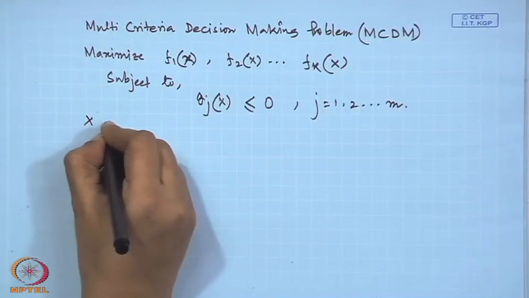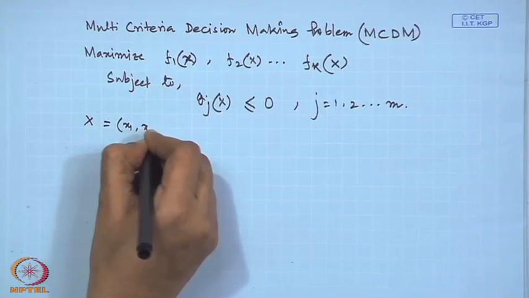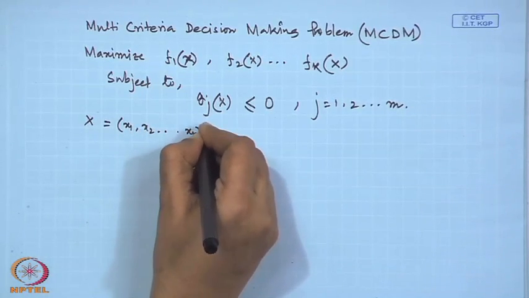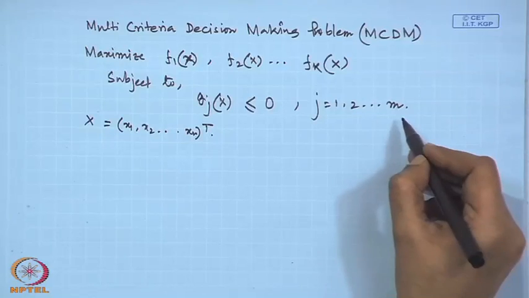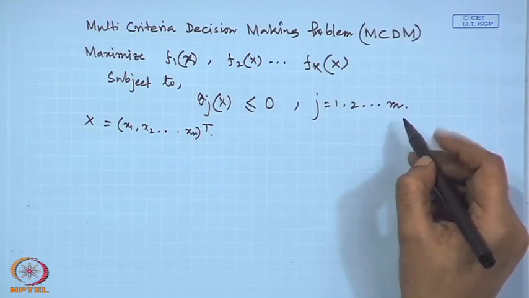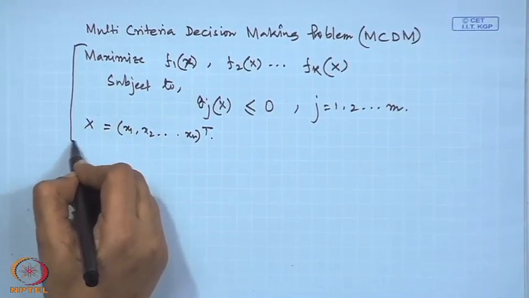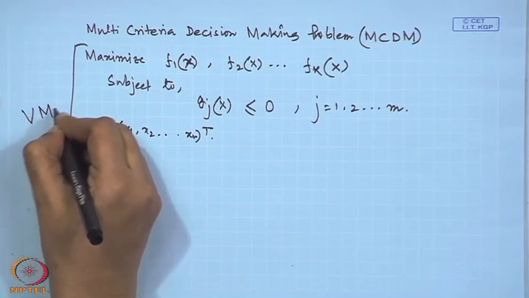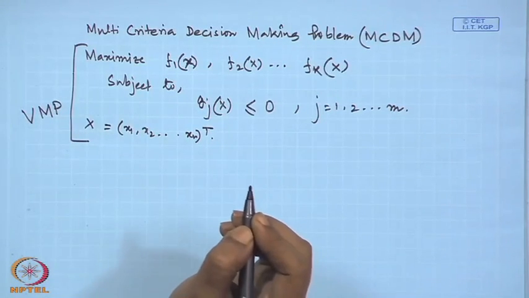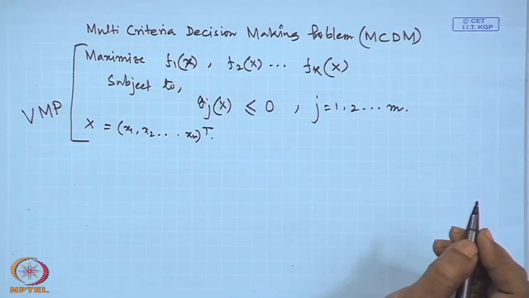Here there are n decision variables, k objective functions, and m constraints. In the literature, this kind of problem is also named the vector maximum problem.